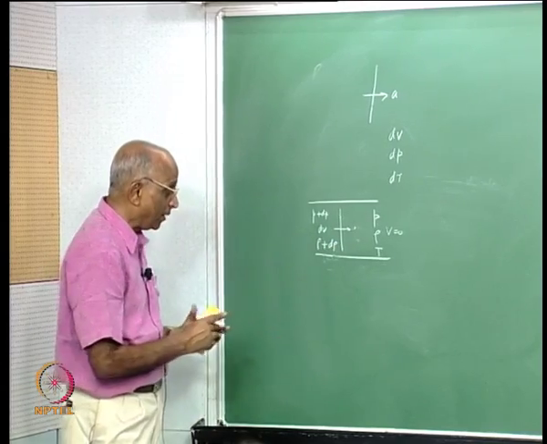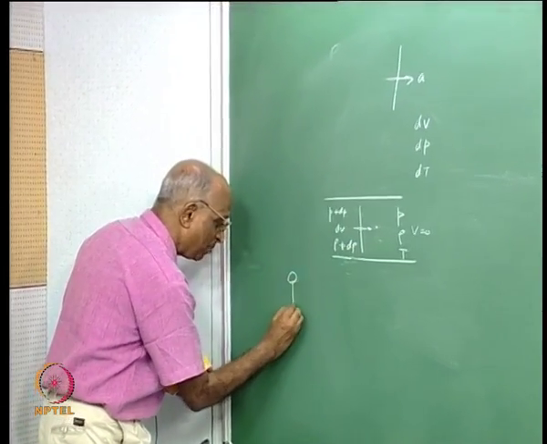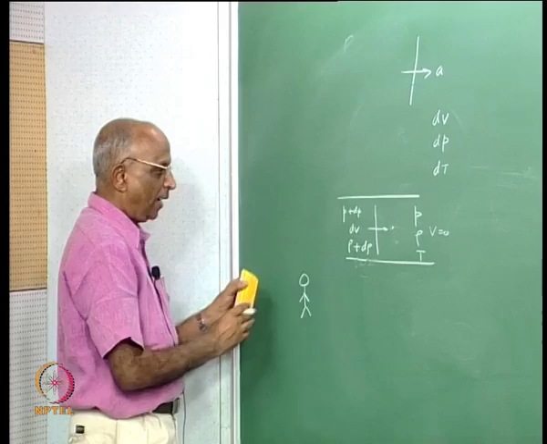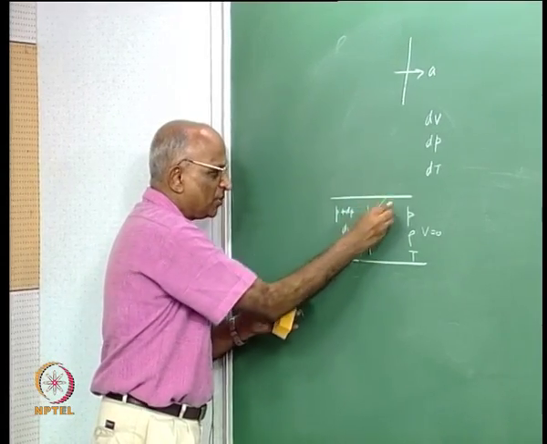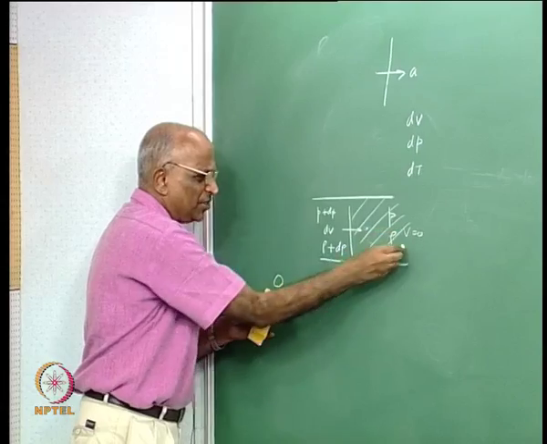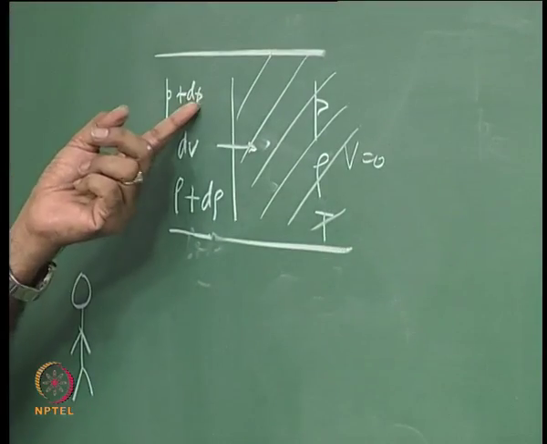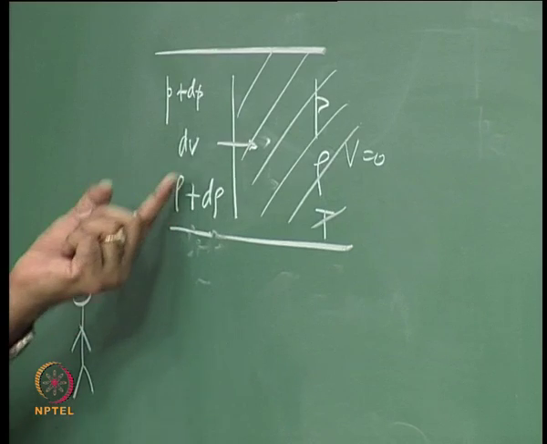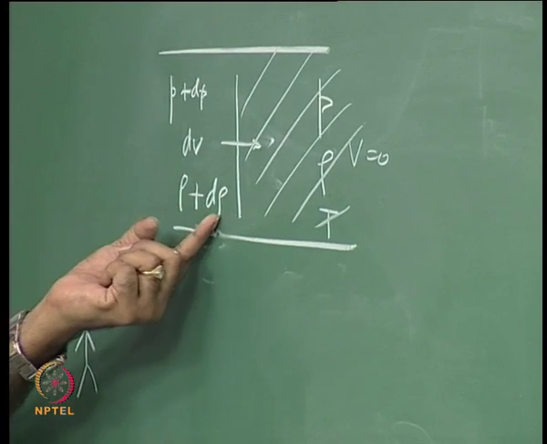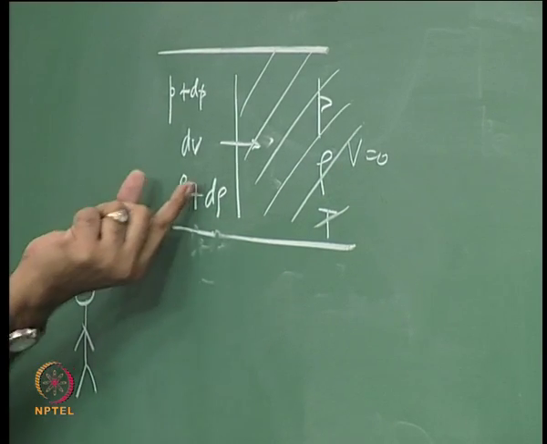Now I want to write an equation for this particular medium. What is happening? I am standing over here, this is my frame of reference, I am watching the sound wave go by. The sound wave processes this medium, which is initially stationary, increases the pressure by dP, increases the velocity of the particles from 0 to dV, maybe the density changes from rho to rho plus d rho, and that is what I am watching.